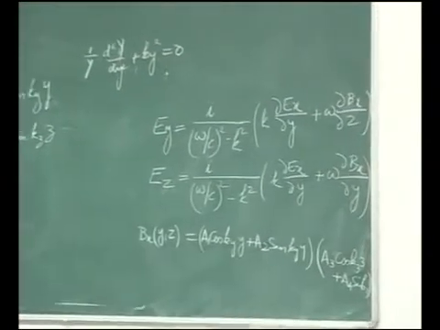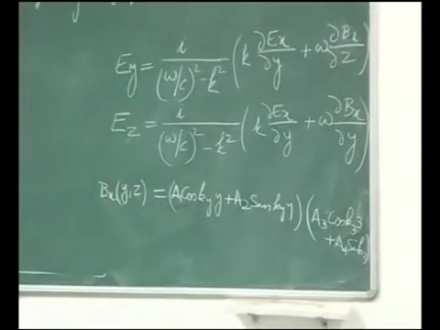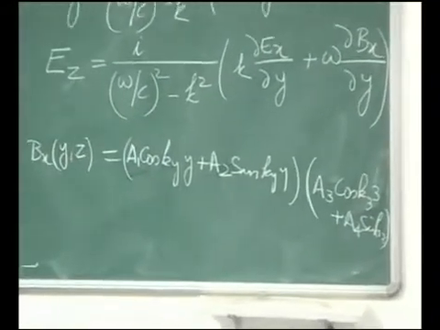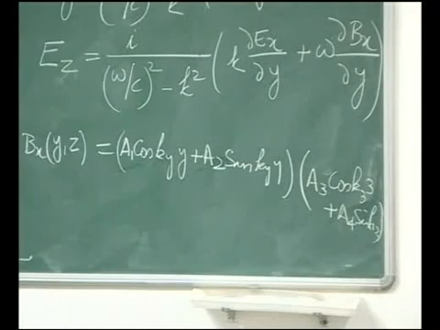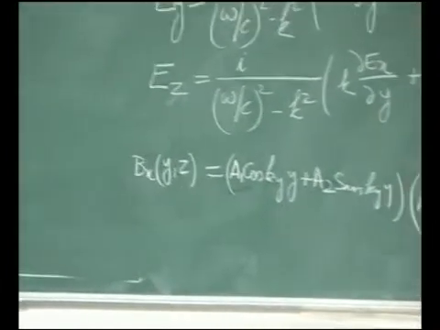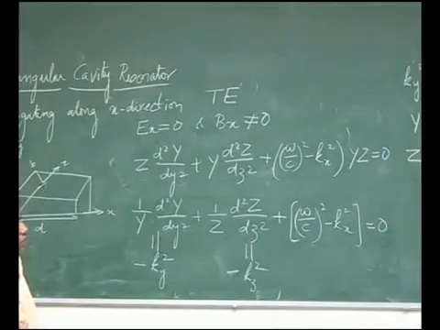Okay. So we have actually found the solution. We are almost there. We know what is exactly the function of y here, which was annihilated in that term Bx. What is the function of z?